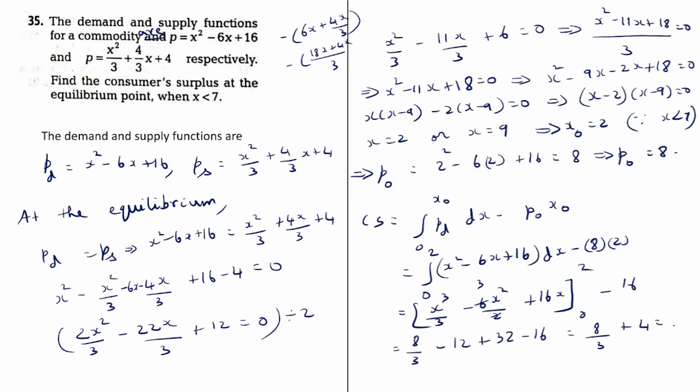If we take LCM, we will get 8 plus 12, so this is 20 by 3. Therefore, consumer surplus is equal to 20 by 3 units. So this is the consumer surplus when x is less than 7.